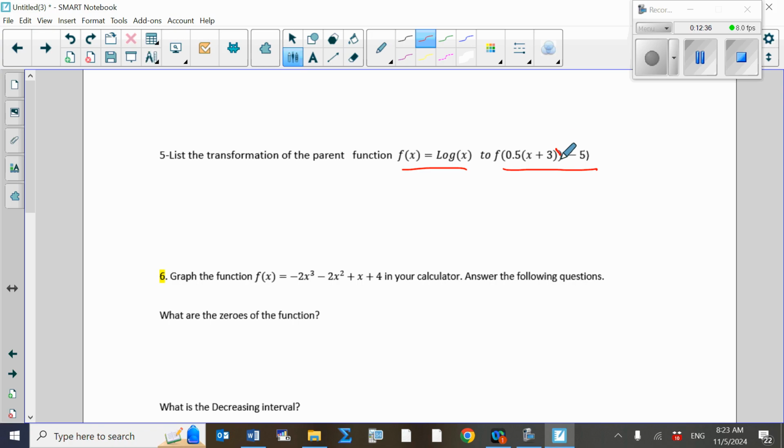This is f of x. 5 is subtracted from that, so this is going to move down 5. And then 3 is added to the x. This is going to move the function left 3. And a number is multiplied inside the function, so that's going to be horizontal.